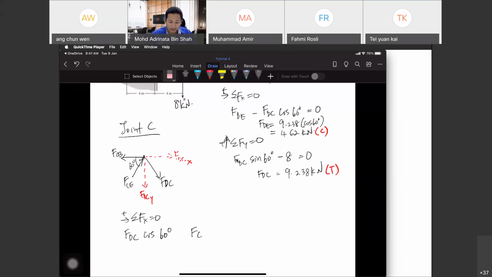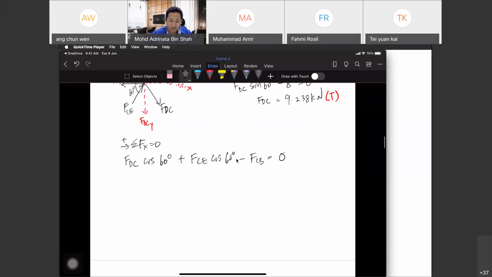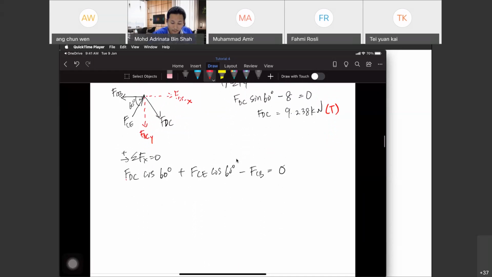Ni direction FCE in X direction also cosine 60 degree minus FCB equals to 0. Okay. Next, we don't have FCE and FCB, so two unknowns. Now we solve our Fy equals to 0.